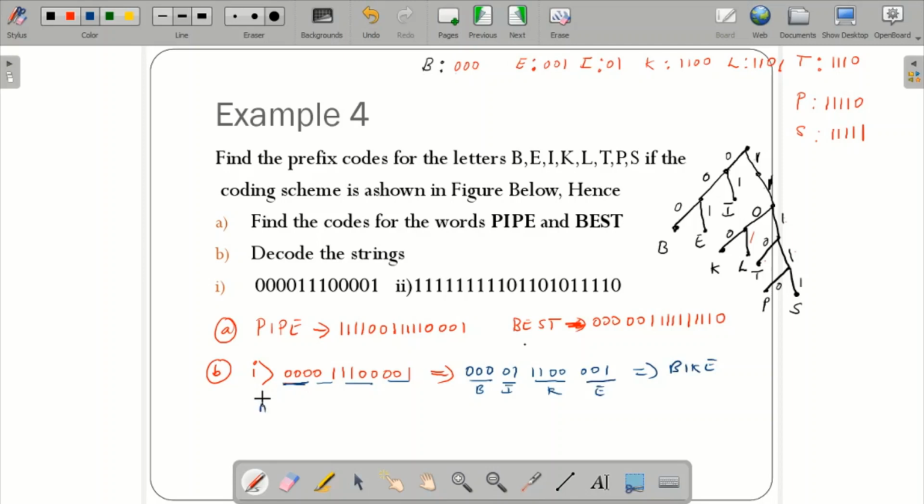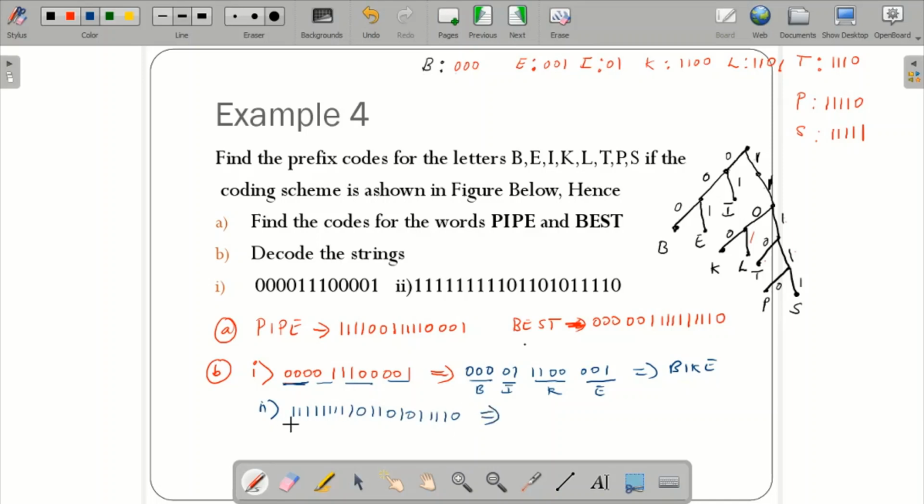Similarly, in the second section, let's see how many numbers there are: 1 2 3 4 5 6 7 8 9, it is 9 ones, followed by 0, again 1 1 0 1 0 1, and finally 1 1 1 0.